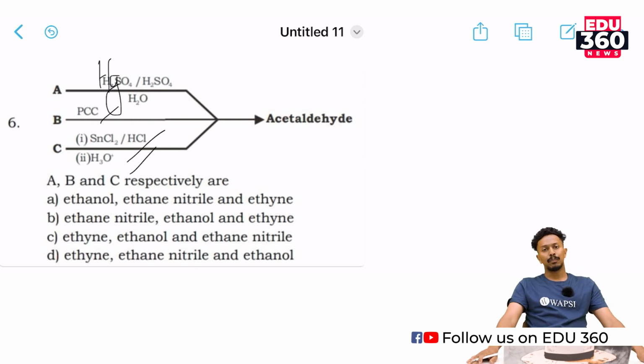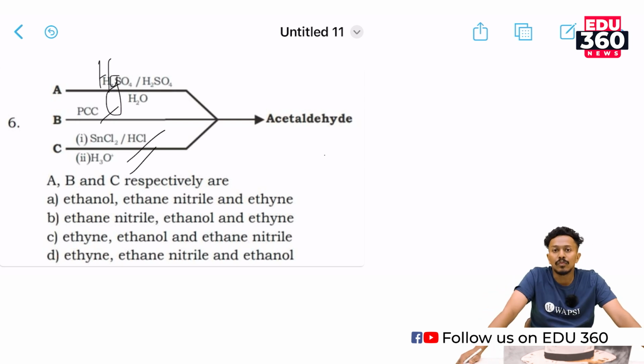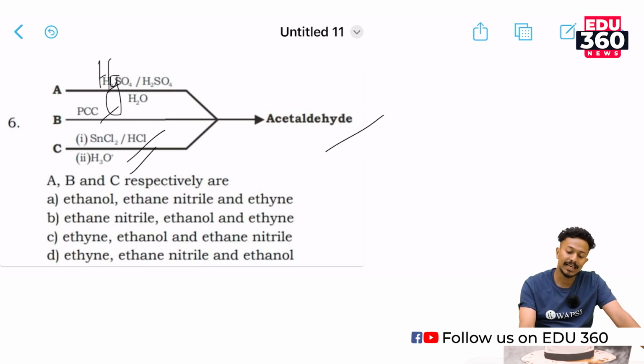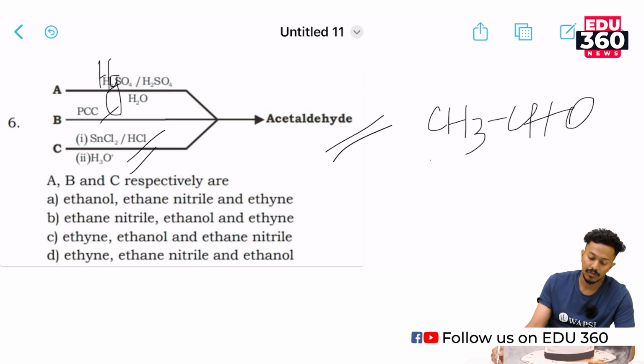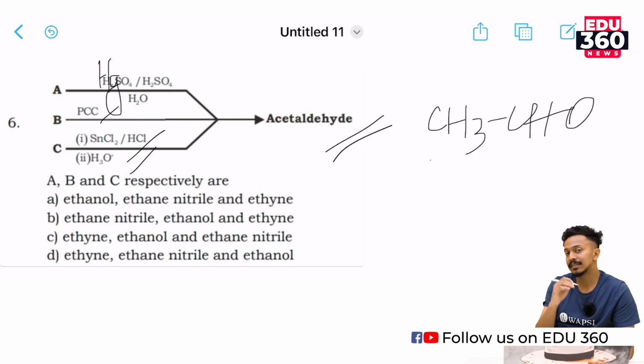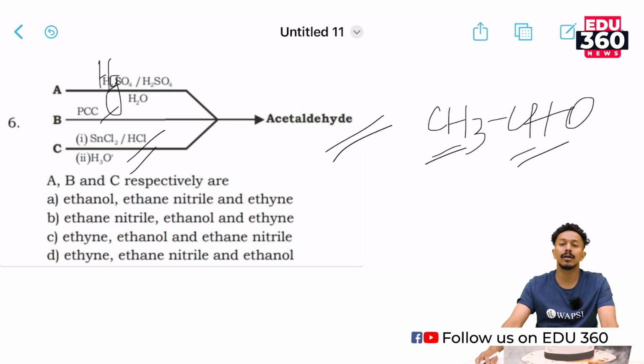We all know that pyridinium chlorochromate is a mild oxidizing agent used for conversion of alcohol to aldehyde. We have to find out acetaldehyde, CH3CHO, from an alcohol. A two-carbon aldehyde has to be formed from a two-carbon alcohol.